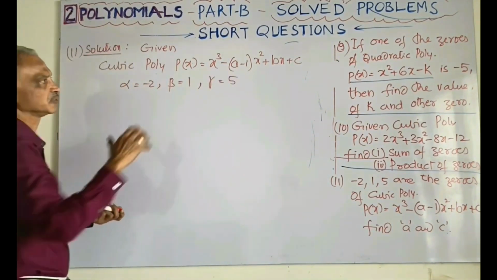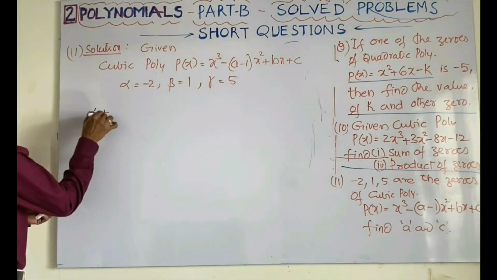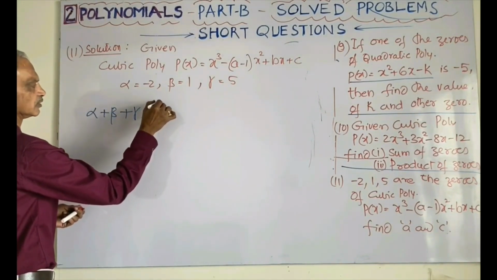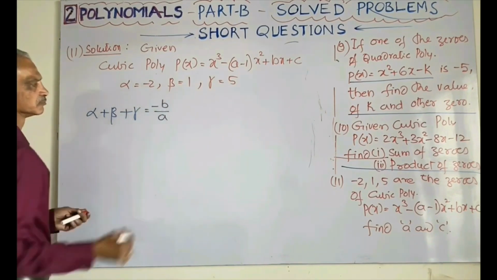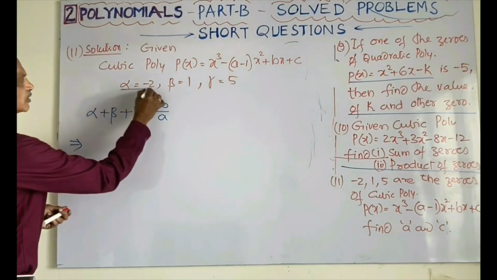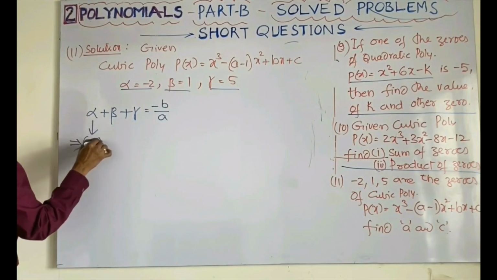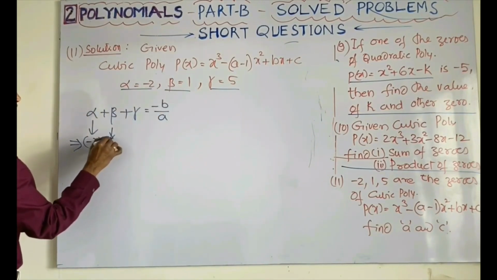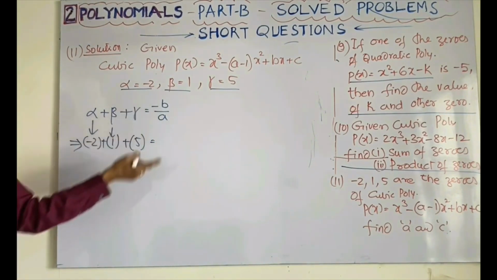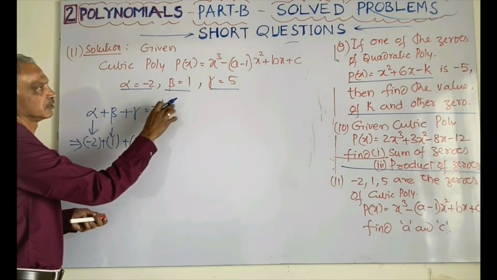So this is a cubic polynomial. The sum of zeros, alpha plus beta plus gamma, is equal to minus b by a, where b by a is the ratio of coefficients.